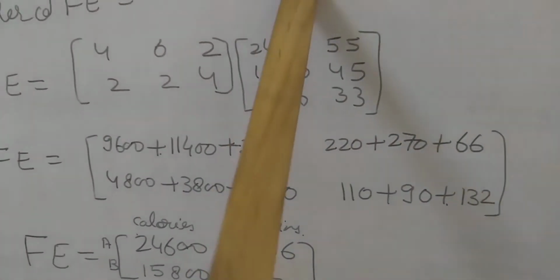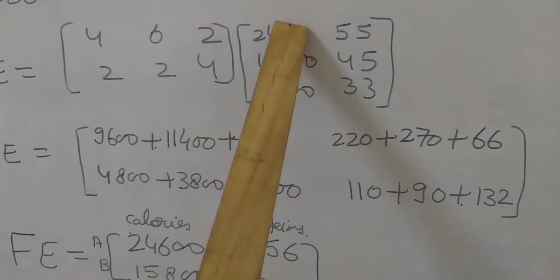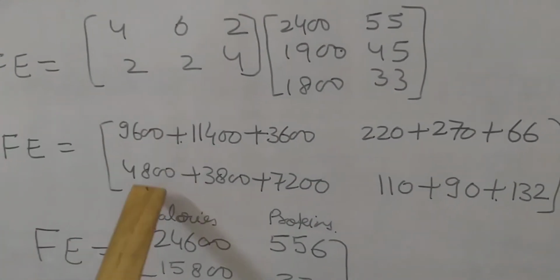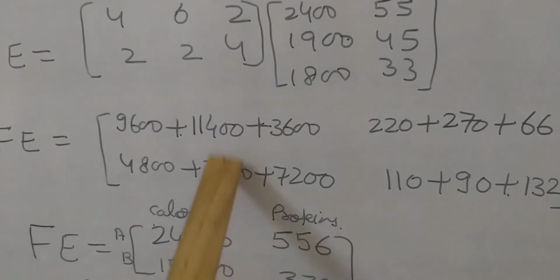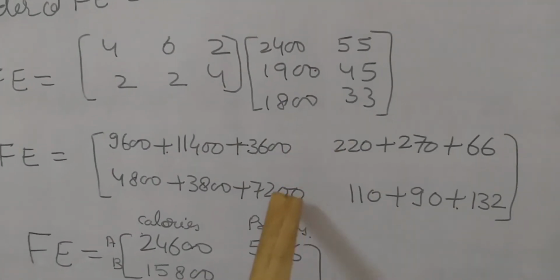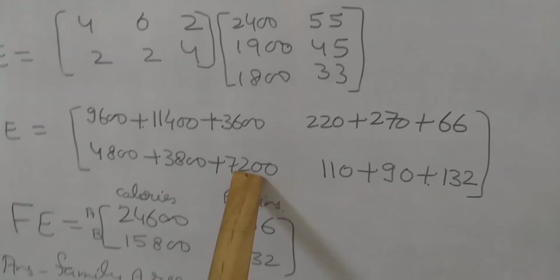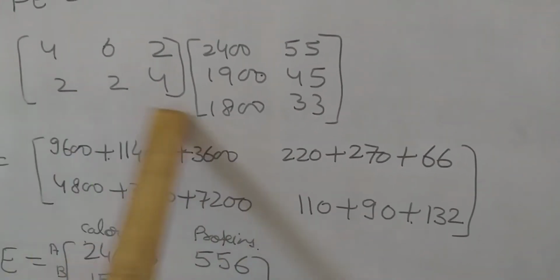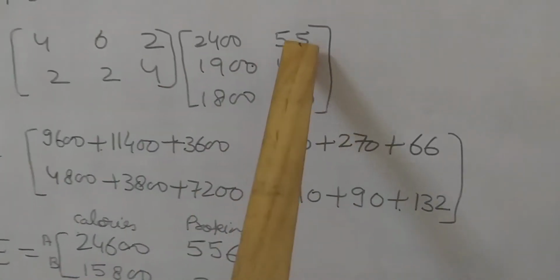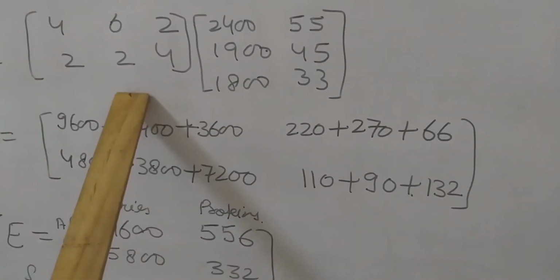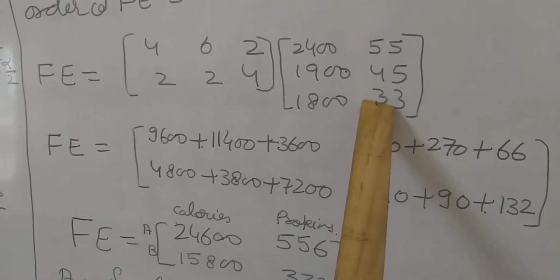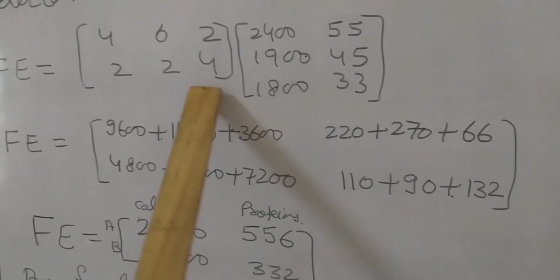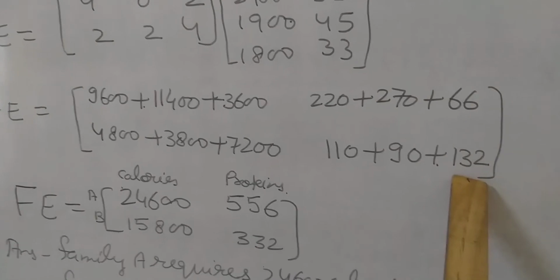Now second row first column, student, 2400 multiplied by 2, 4800, 2 multiplied by 1900, 3800, 4 multiplied by 1800, 7200. Now second row and second column, 2 multiplied by 55, 110, 2 multiplied by 45, 90, plus 90, 4 multiplied by 33, 132, plus 132.